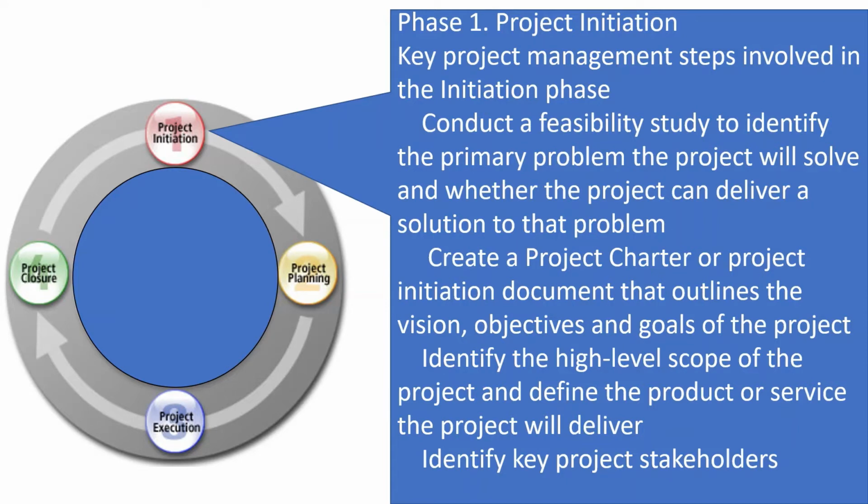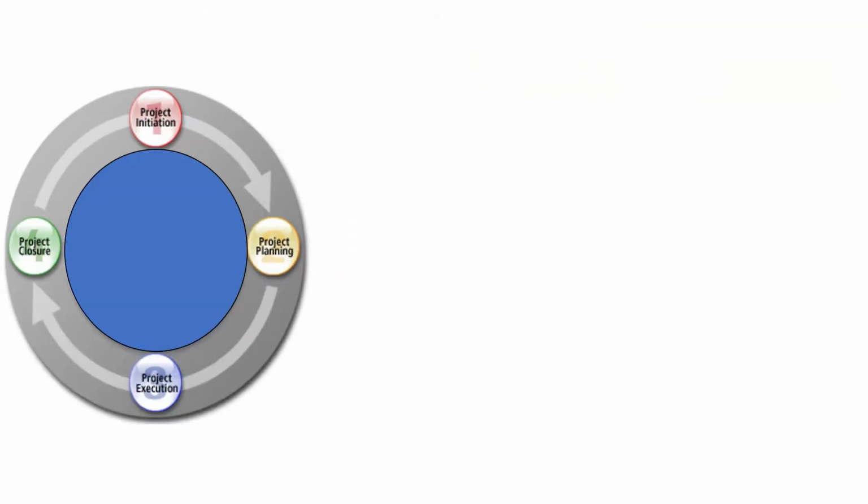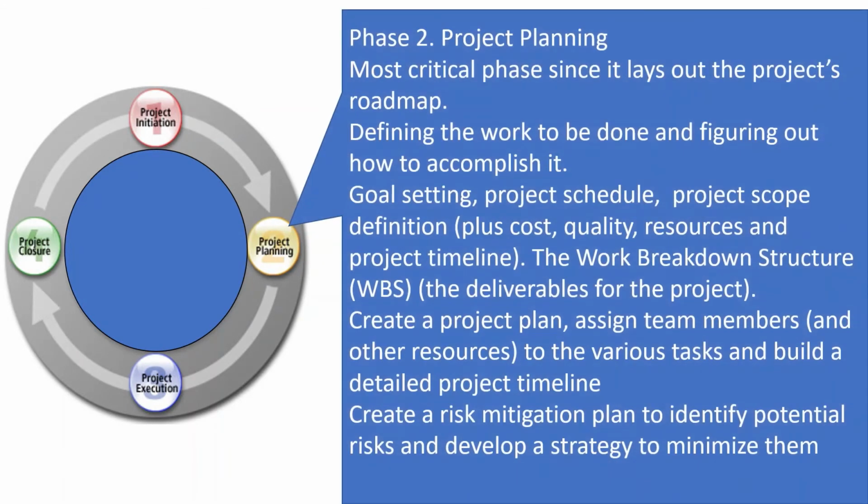Here, a charter or project initiation document is created that outlines the vision, the objectives, and goals of the project, identifies the high-level scope of the project, and defines the product or service the project will deliver. At this stage also, we identify key stakeholders. We shall be talking about stakeholders in a separate lecture. So that was phase 1.